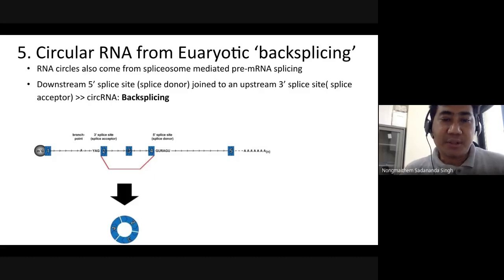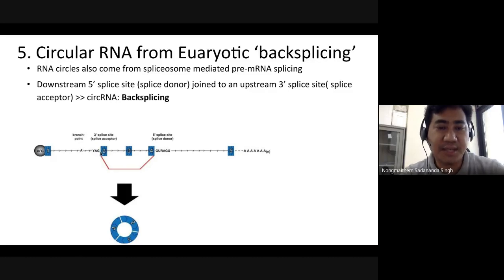Now coming to what is very much prevalent in eukarya, in human cell lines as well as human tissues. Here is the exon 2 acceptor, and here is the donor during the splicing, and the arrows are the intronic region.